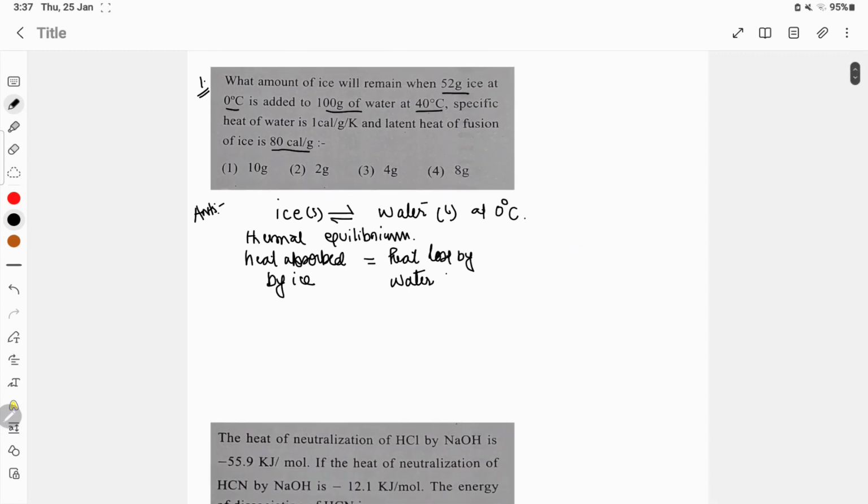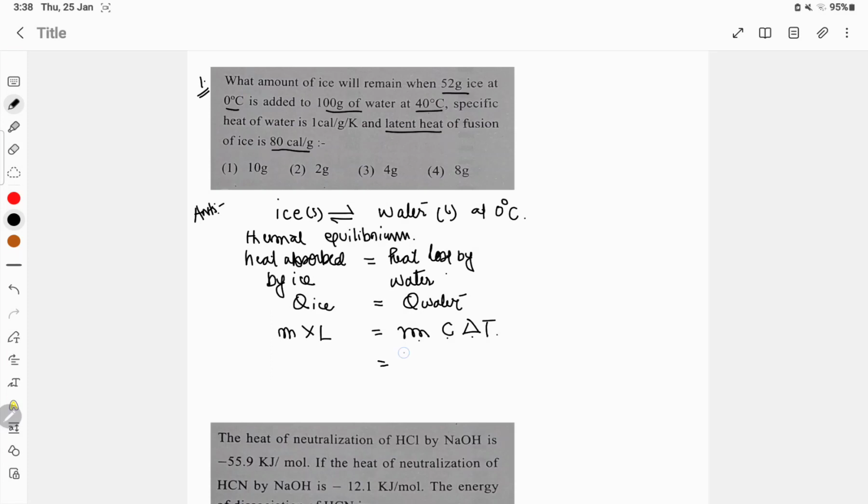Clear? Then heat absorbed by the ice we can express as Q ice and Q water. Q is equal to M into L, where L is the latent heat, and Q is equal to mc delta T. So let's put the values, where M is the mass, C is the specific heat, delta T is the change in temperature.